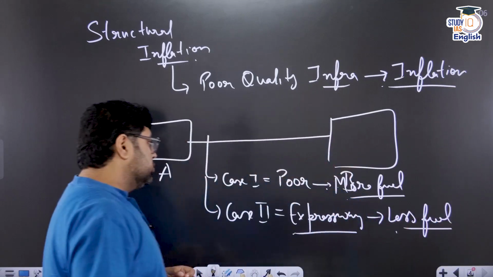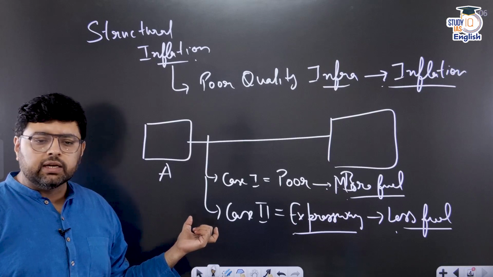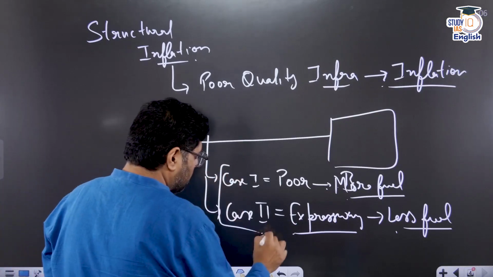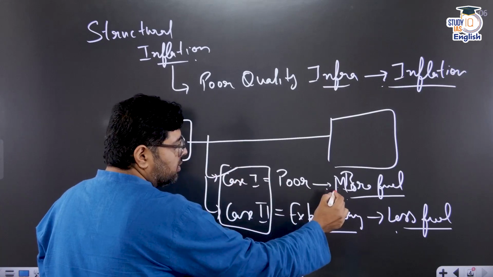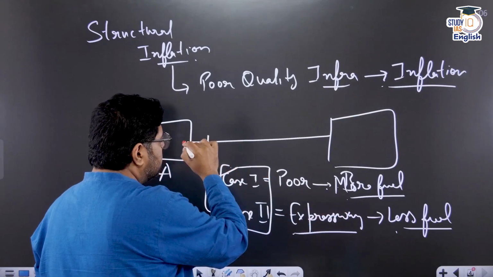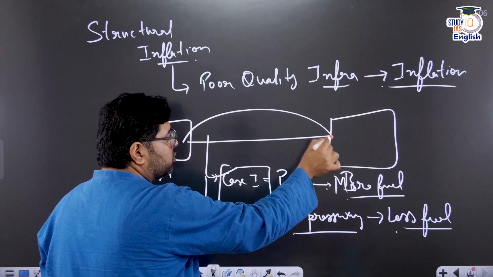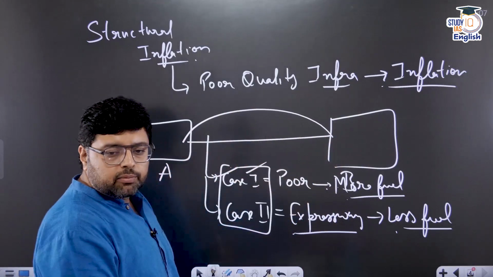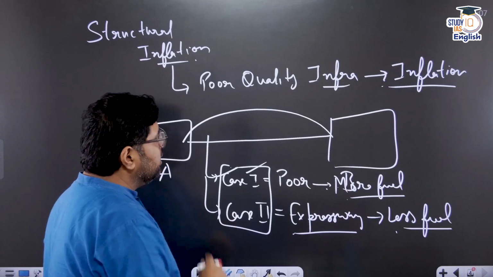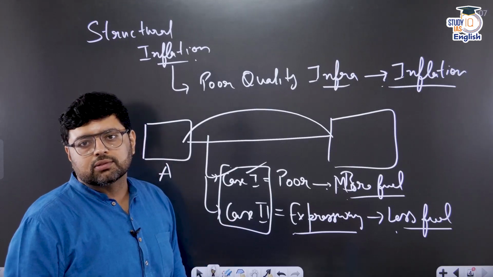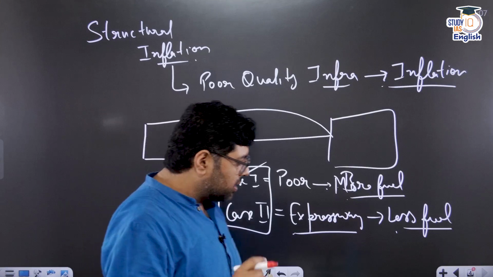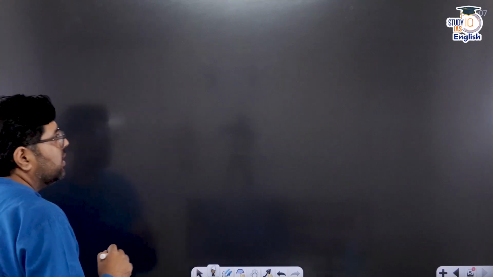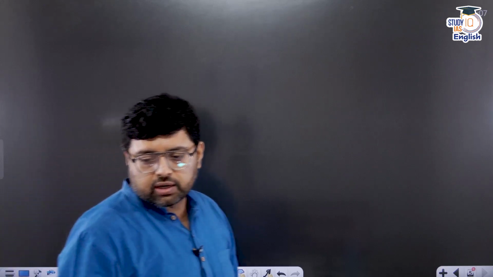This denotes that if some product is transported from here to here, transportation cost will be more in case 1 as compared to case 2. So ultimately quality infrastructure matters.